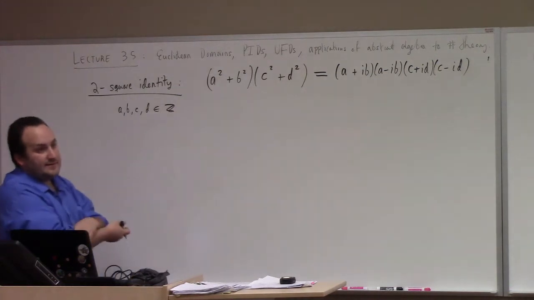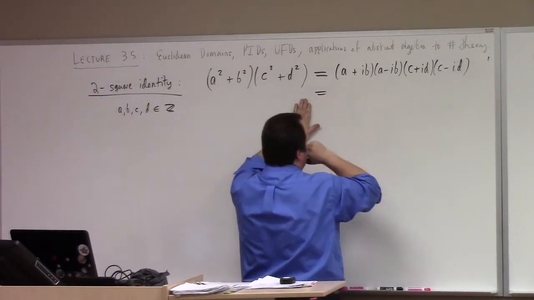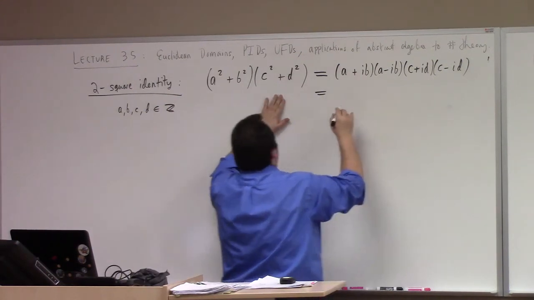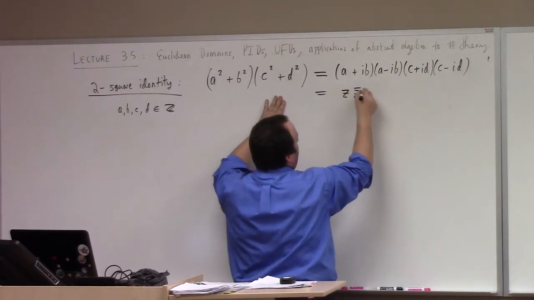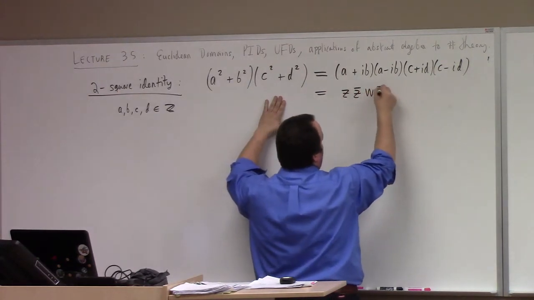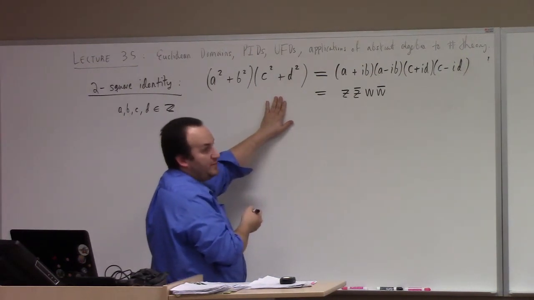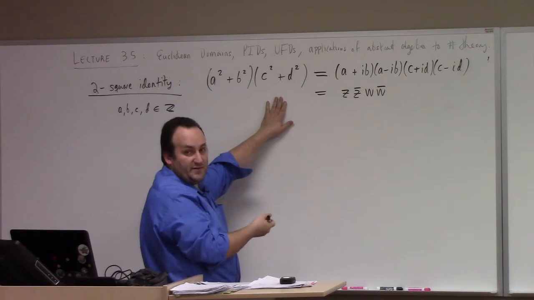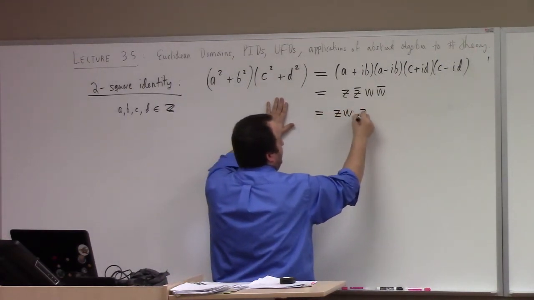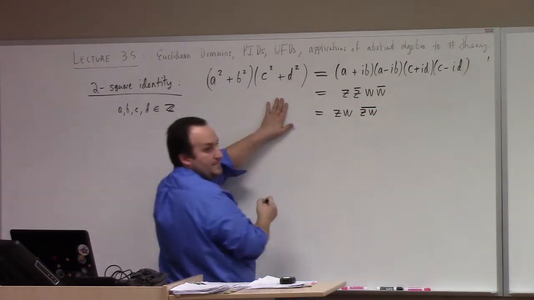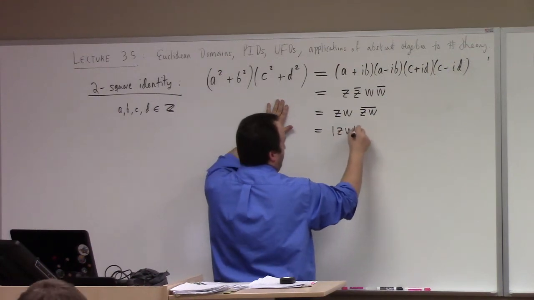Then this is also z bar times w bar, where z is equal to a plus ib and w is equal to c plus id. But we know properties of the complex conjugate. That's zw times the conjugate of zw, so this is really just the modulus of zw squared.